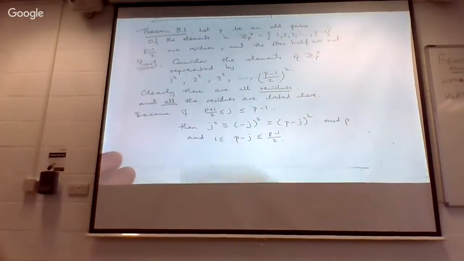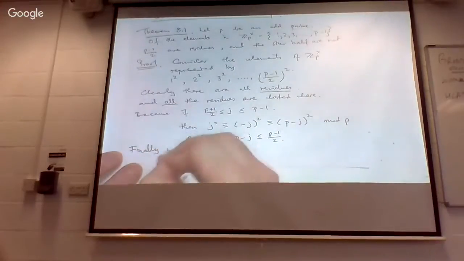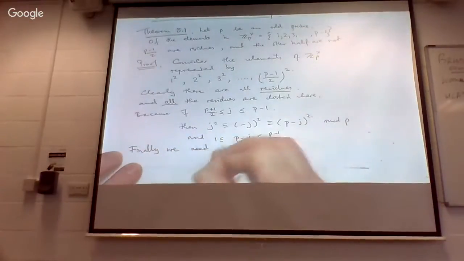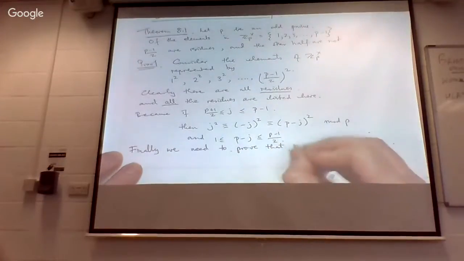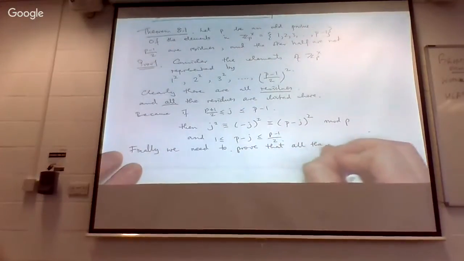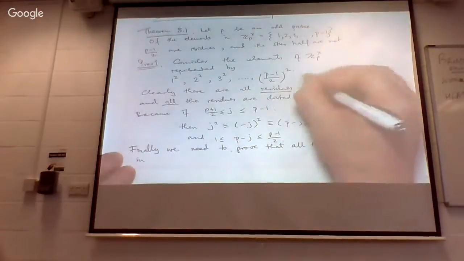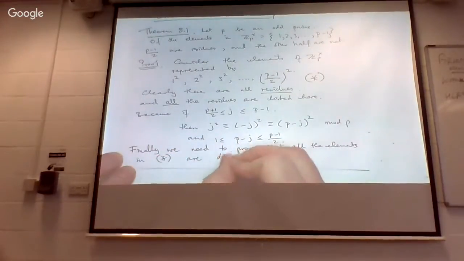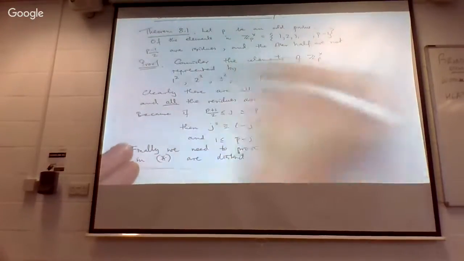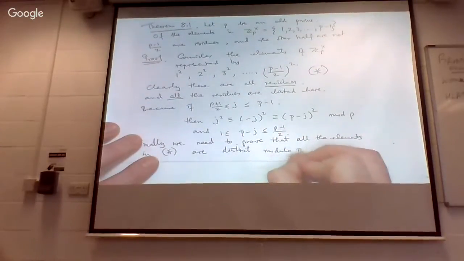Finally, we need to prove that all the elements in this list star here are distinct modulo p. They're certainly distinct as integers, but we need them to be distinct congruence classes modulo p.